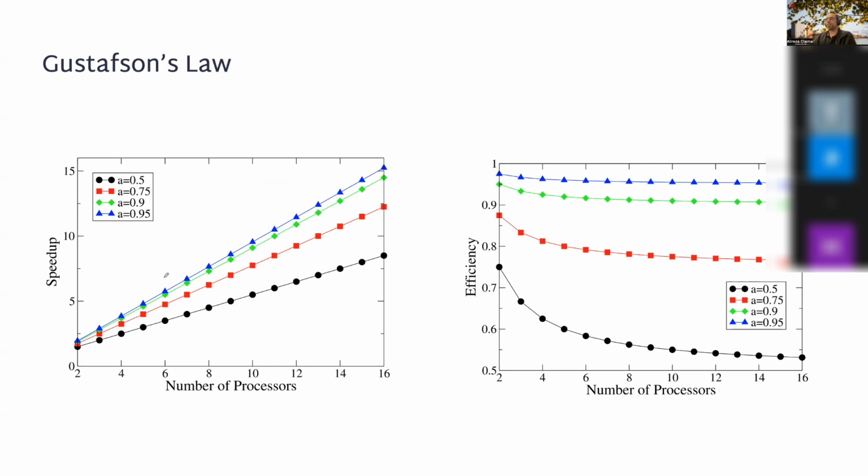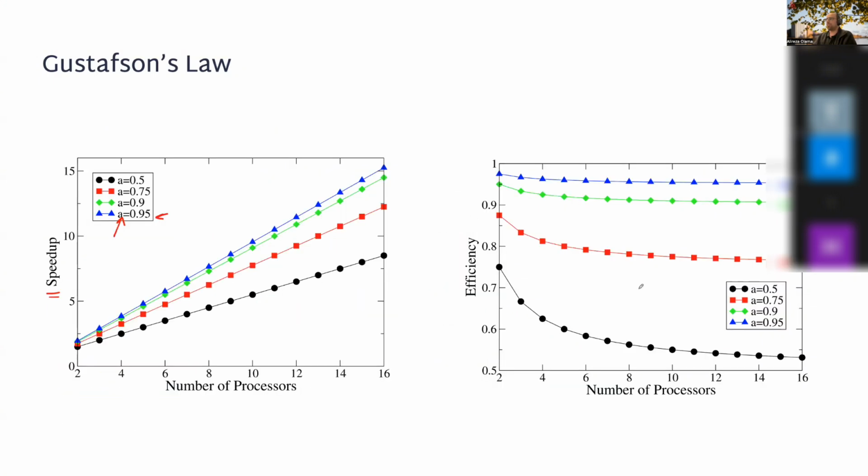In the left curve, I am showing the speedup curve for different alpha, different portions of the program that can be run in parallel. For example, if alpha is 95%, so if we can parallelize 95% of our algorithm, you see that the speedup is linearly increasing.